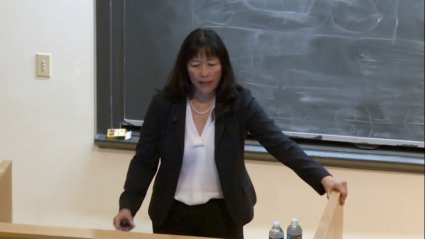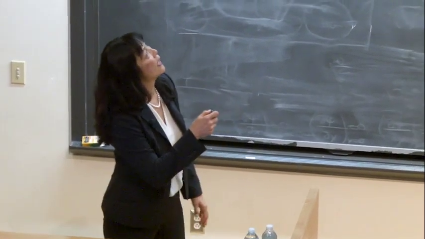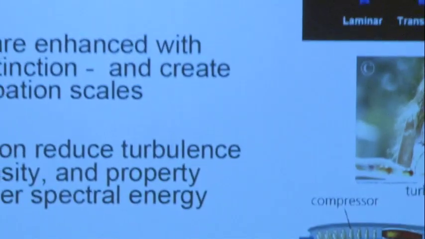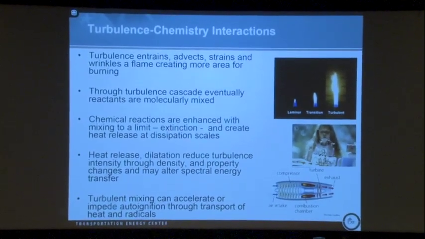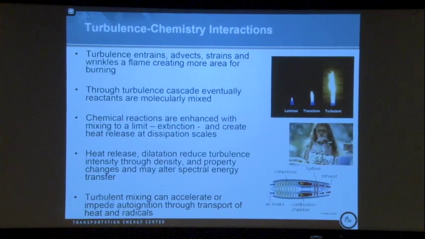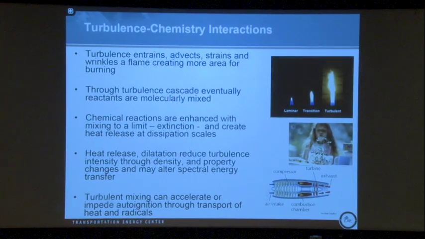So at a fundamental level, turbulence has the role of entraining the ambient air, or air diluted with exhaust gas recirculation. It advects, strains, and wrinkles a flame, creating more surface area for burning.